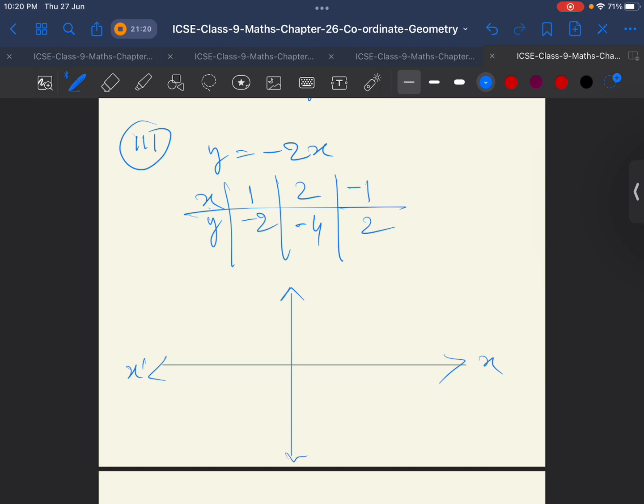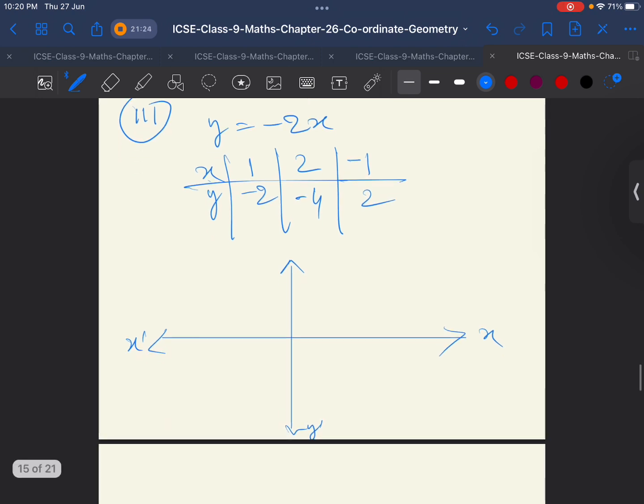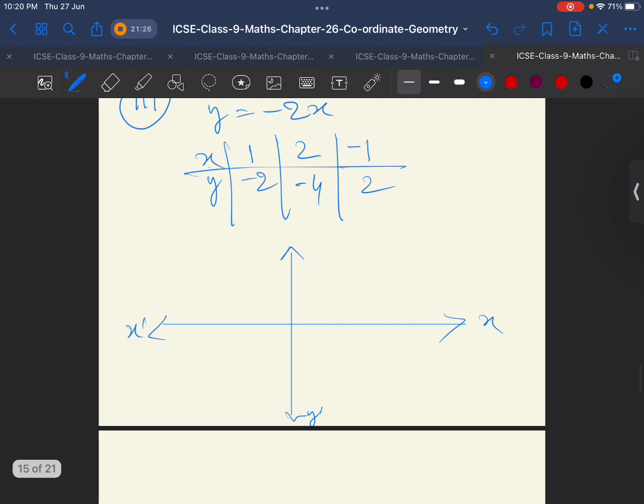We draw x and x dash, y dash. Okay, so we have to draw a straight line by plotting these points. So this point, 1, 2, 3.